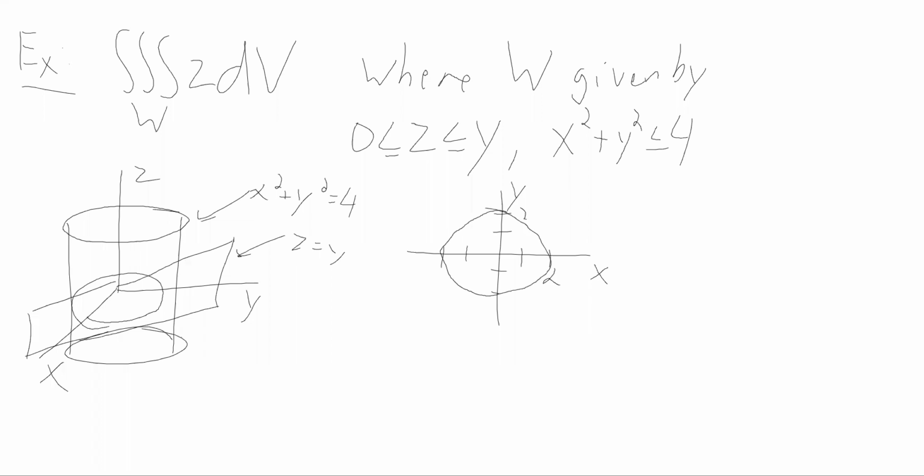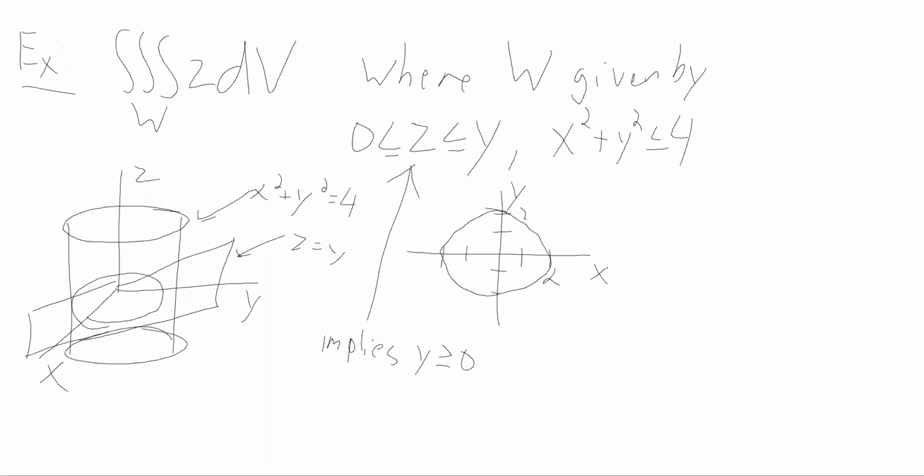But are we getting the whole thing? Well, not quite, because up here, we know z lies between 0 and y. And so this inequality implies that y has to be greater than or equal to 0. Right? If z is greater than or equal to 0, but less than or equal to y, then y has to be greater than or equal to 0.